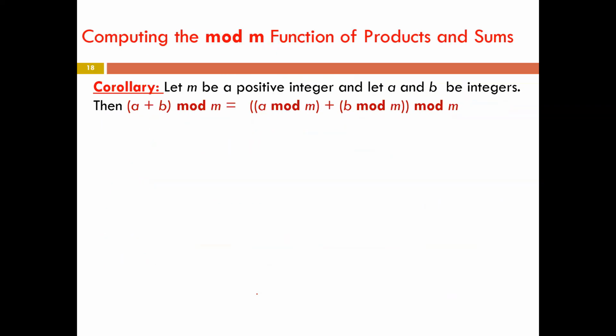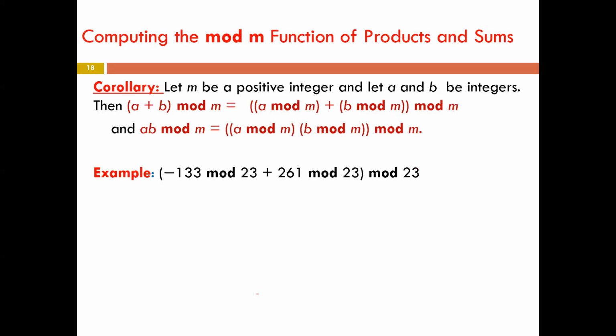This is another relationship. A plus B mod M is A mod M plus B mod M, all mod M, and the product as well. What does it mean? It means that here we can add minus 133 plus 261 since we have the same modulus.